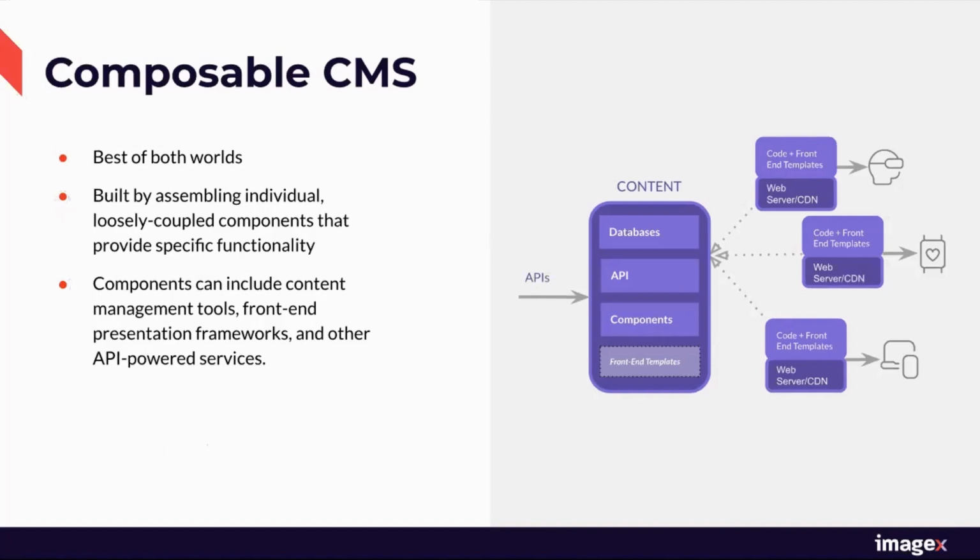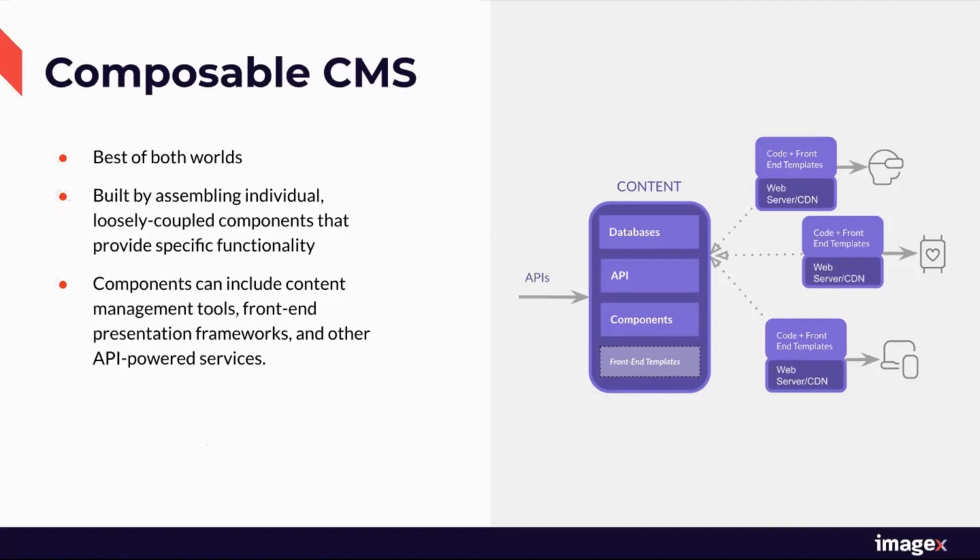Moving on to the composable CMS, this is the best of both worlds. You still have that back end that is managing content, it's connecting with databases and APIs, but it's a modular system with components so you can essentially build the kind of CMS that you need.